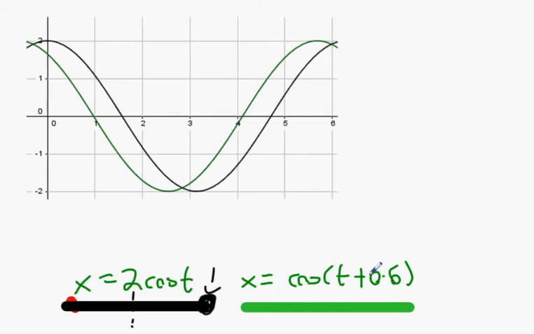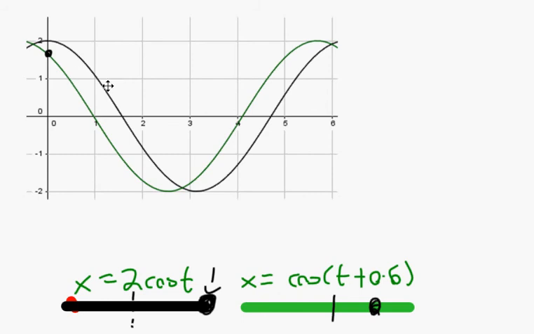The other one, however, has had 0.6 added onto it, so it's actually starting off lower. So, quick question. Are you heading back towards equilibrium, or are you heading to the right or to the left? Look at the graph. Are you going towards 0 or are you going away from 0?